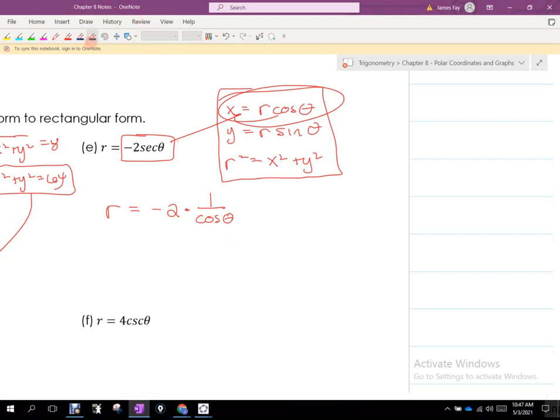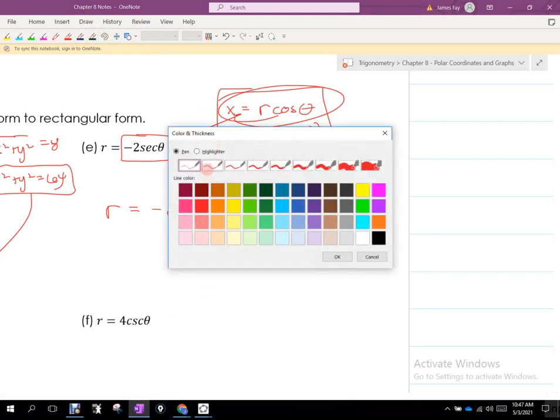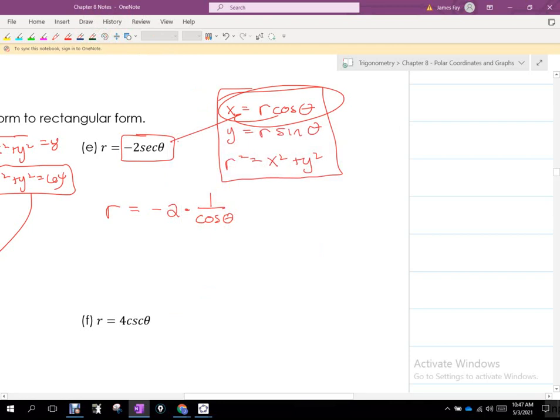Okay. Now I'm going to ask an open-ended question. What are you allowed to do to an equation? I can multiply both sides by anything I want to, right? So that open-ended question is, what can I do to an equation? Answer to that, anything you want, as long as you do it to both sides, right? So, multiply by cosine theta.